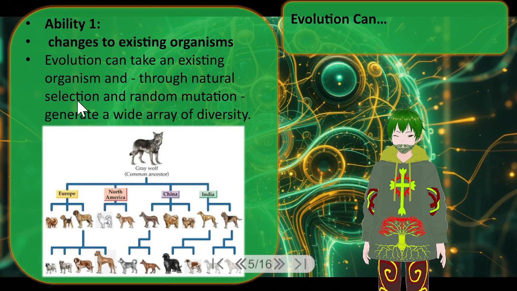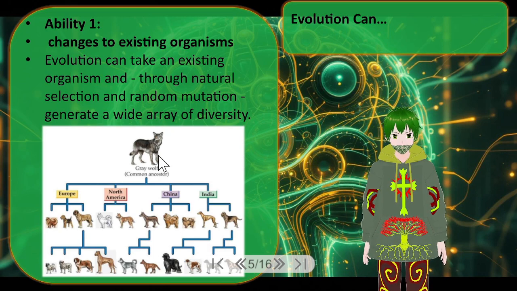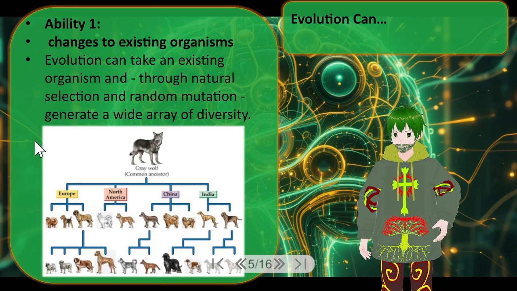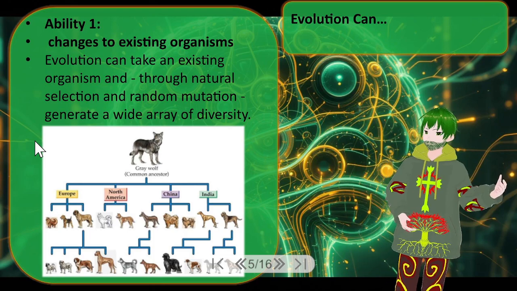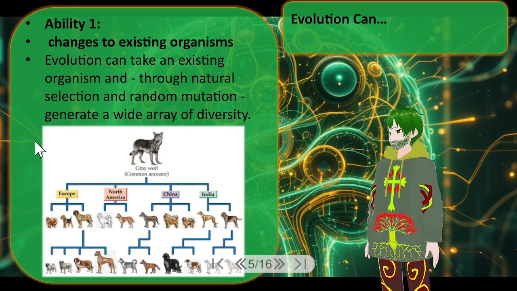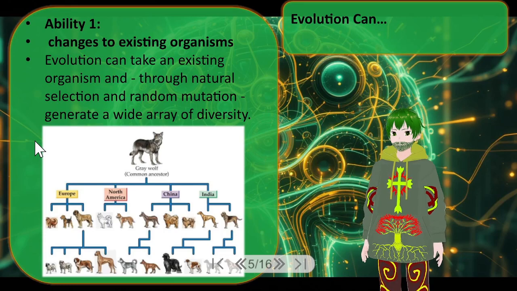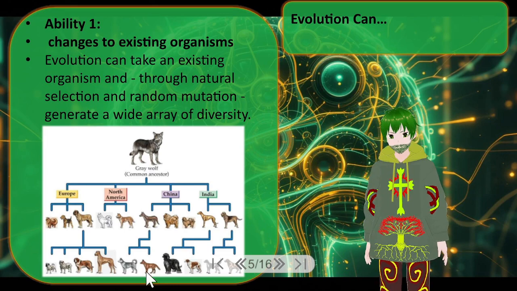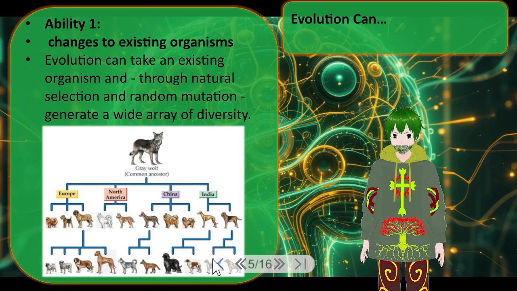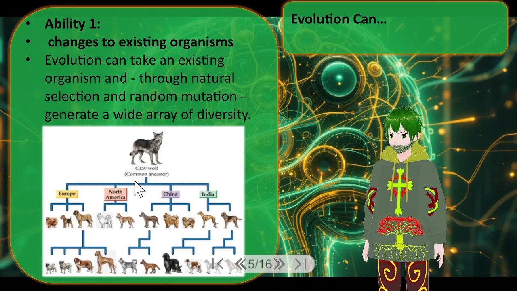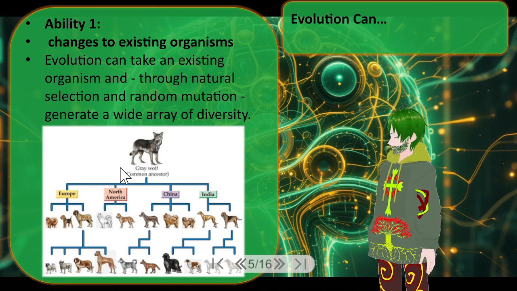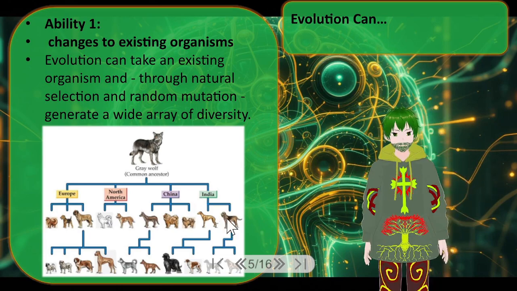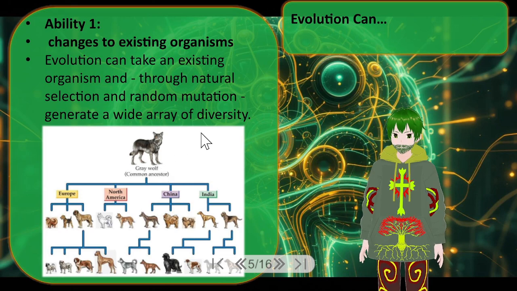Okay, so if you have an existing species, say a wolf, for example, we know for a fact that through selective breeding, a more directed version of natural selection, you can go from an ancestral wolf some 200,000 years ago to the specialized breeds of dogs that we have today. Evolution can theoretically do this, and we know it can because we have selectively bred and it was possible. So this is well within the ability of evolution to do.